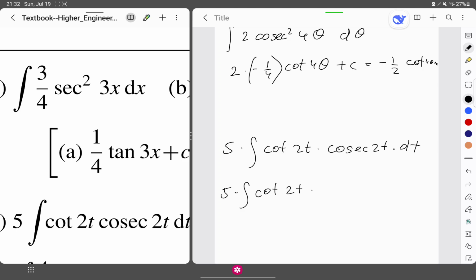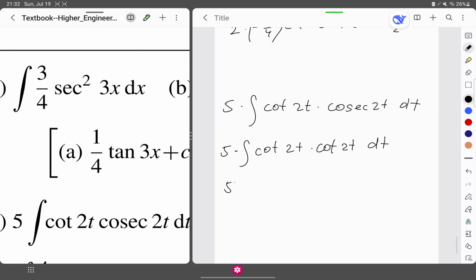Secant is 1 over cosine and it gives us tan, but cosecant is 1 over sine square, and 1 over sine square gives us cot 2t, cot 2t dt.